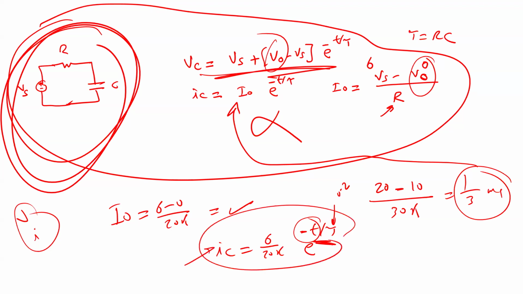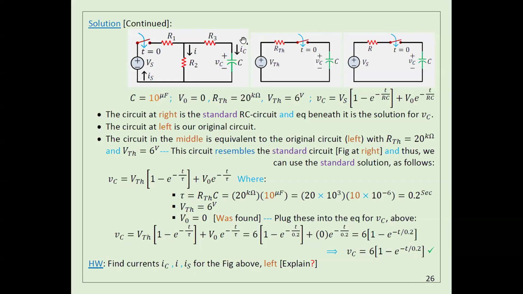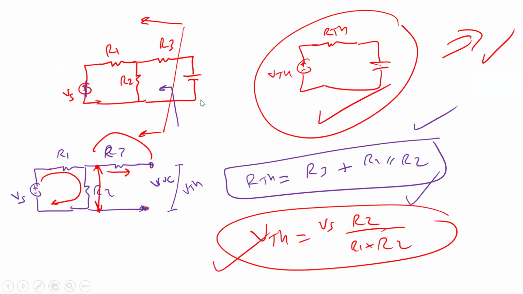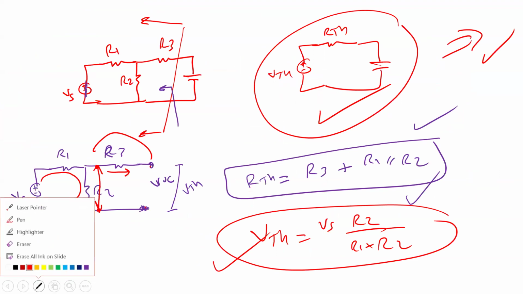So now what I'm saying is I already know the voltage across C. Let me solve it here. You have Vs here, you have R1, you have R2.